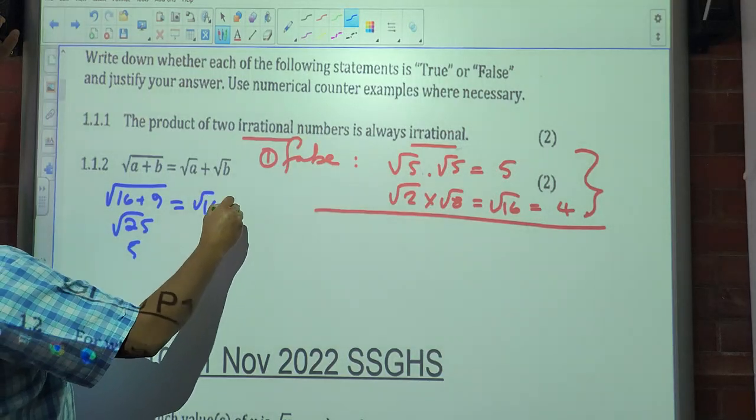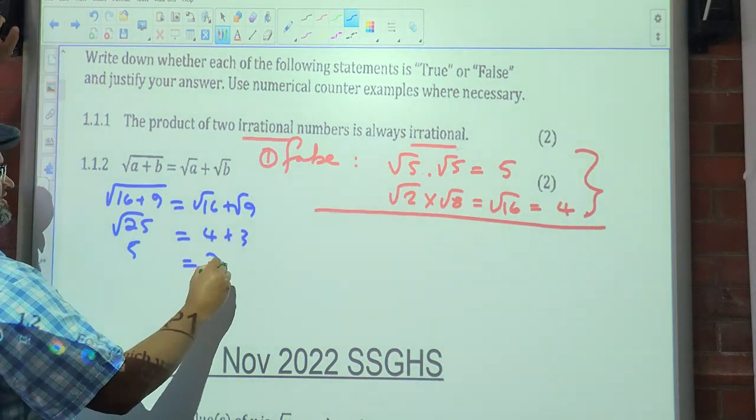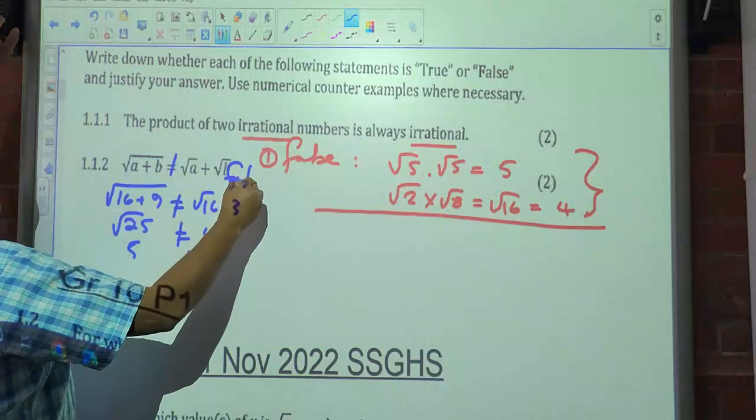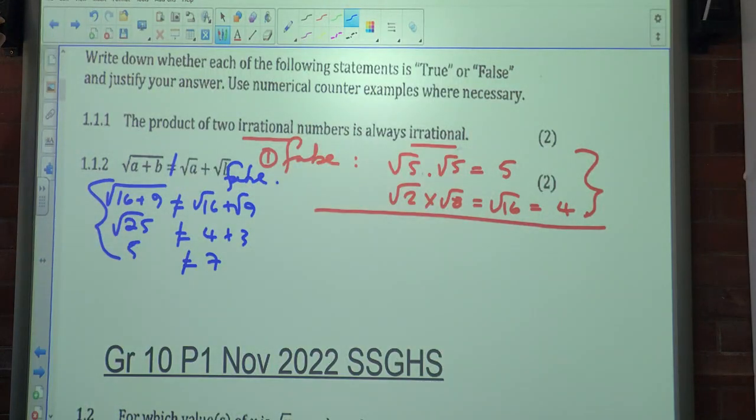The square root of 16 plus the square root of 9 is 4 plus 3, which is 7. Is 7 the same as 5? No. So this is false, and there's your counterexample. Does it make sense, people?